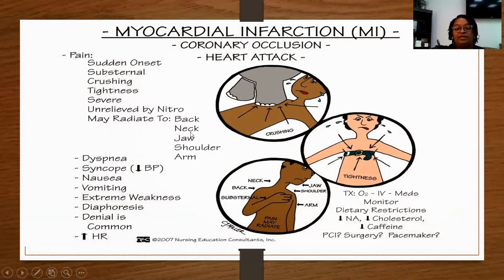They may say the pain feels like it's radiating to their back, their neck, their jaw, shoulder, or arm. They may be short of breath, have decreased blood pressure, nausea, vomiting, extreme weakness, sweating a lot, and oftentimes they'll deny that they're having the symptoms of a heart attack.